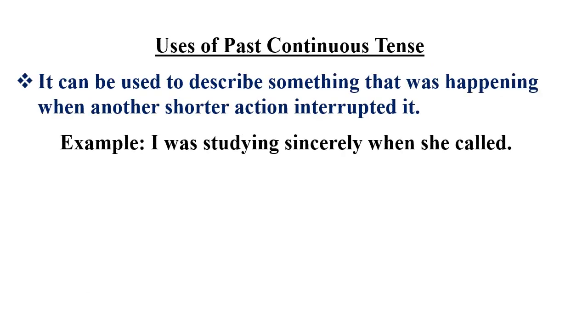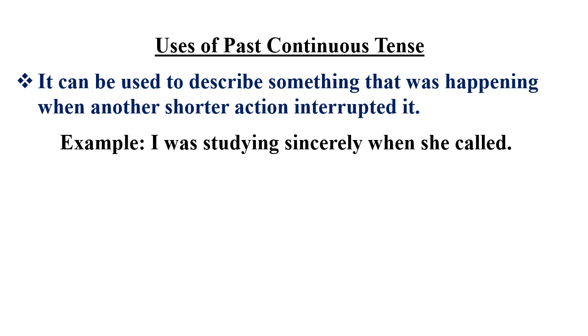Now let's discuss the uses of past continuous tense. Look at the first example. I was studying sincerely when she called. Here two actions happen. The first is I was studying, the action of studying, and the second is the action of calling.